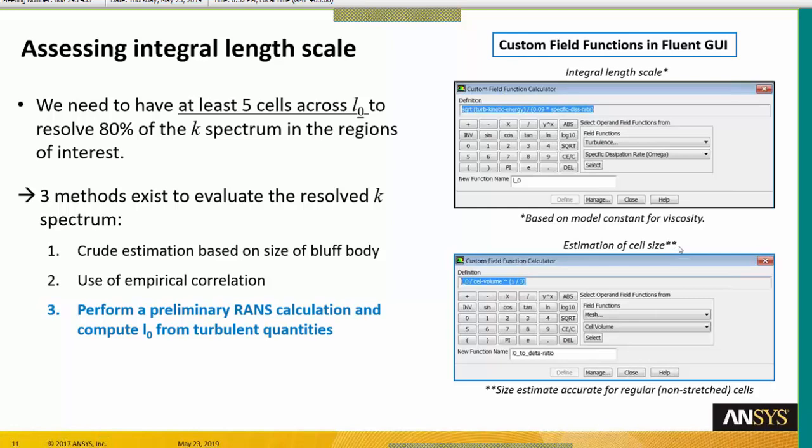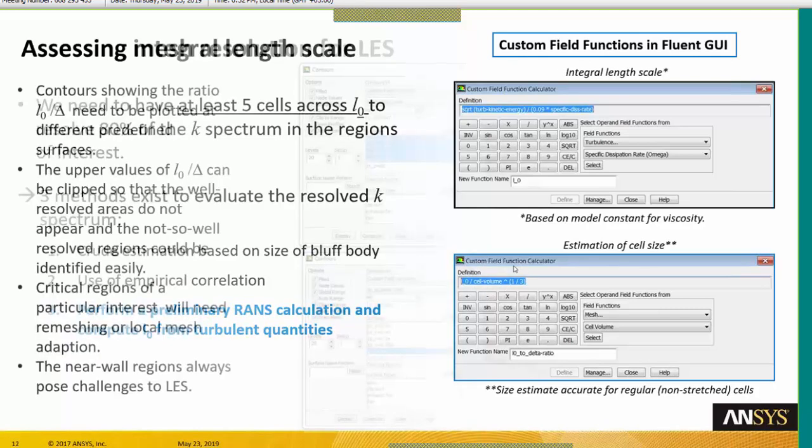In the same idea you are going to estimate the cell size. Usually your cells are not perfect cubes. They have a certain shape, so what is usually suggested is to consider the cube root of the cell volume to extract this cell size. That will give you an order of magnitude for the cell size, a characteristic cell size. And here, what the user is doing is creating the ratio between the integral length scale and the cell size.